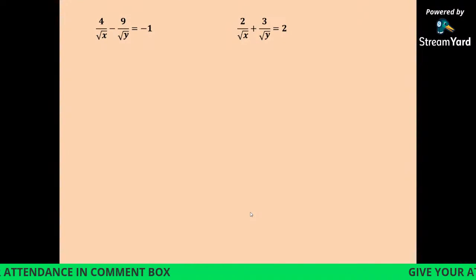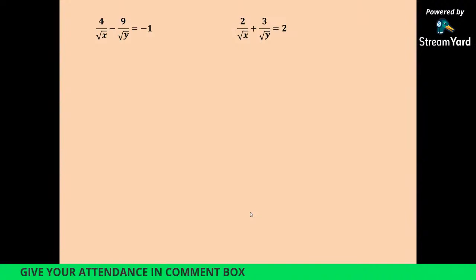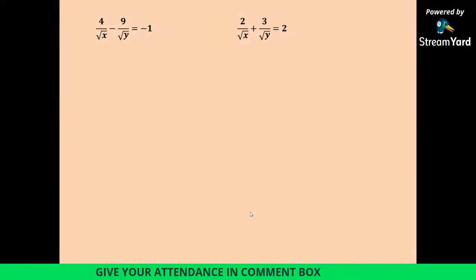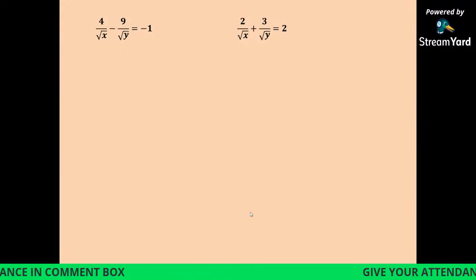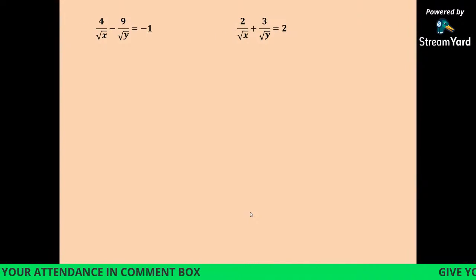Yes. One more question I have selected from your exercise that will be helpful for you to solve. Here, when you see the questions, 4 divided by root x minus 9 by root y.